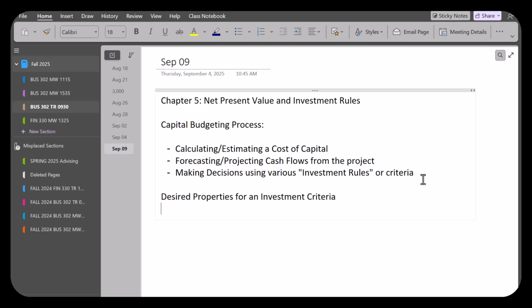We have the cost of capital, we have the cost of putting the project in place, and we also have projected future cash flows. Given all these multiple inputs, an investment rule is a single number that is a function of these inputs that is used to make a decision.